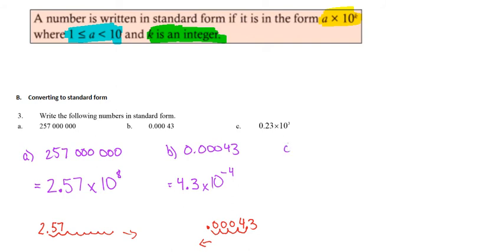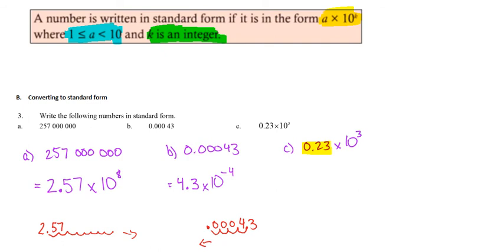Look at the third example. It's kind of interesting. It looks like it's already in scientific notation. It has times 10, the exponent is an integer. The issue is that this number is not between 1 and 10, it's less than 1. So we have to convert that.